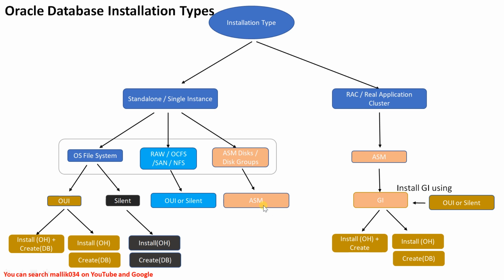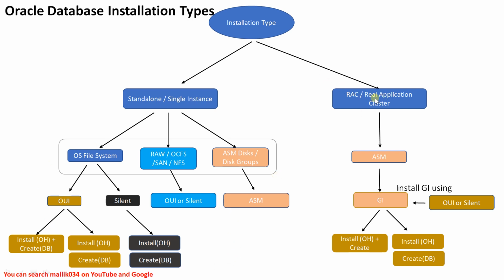Clusterware and ASM libraries together you can call a clusterware, starting with 10.2. So on top of these ASM libraries, you are going to create your Oracle Home and create your database. Again, all these options like OUI mode or silent mode are available in this ASM mode of installation also. So basically I am talking about single instance, where all these different feasible options are available.